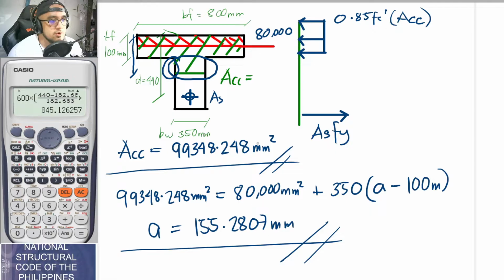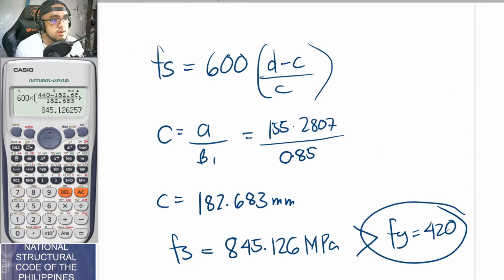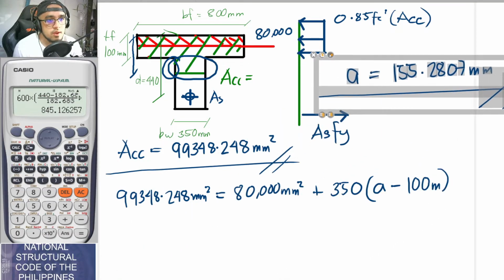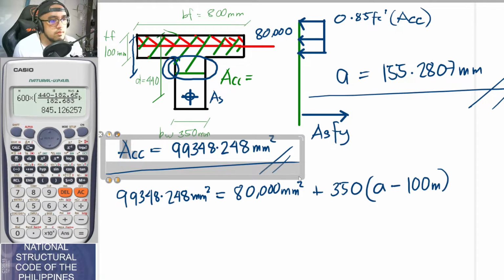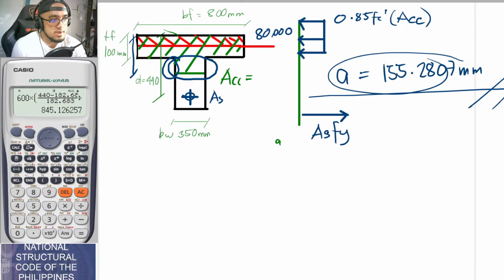Moving forward, once again, our main goal here is to determine the value of phi Mn. So let us solve for Mn first. Going back here, since you already know the value for your A, I will just be putting it here. Now let us solve for the value of your nominal moment Mn.